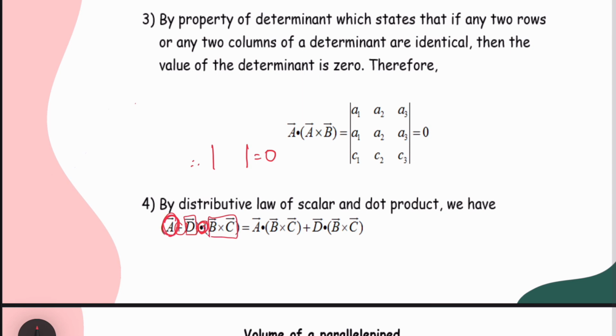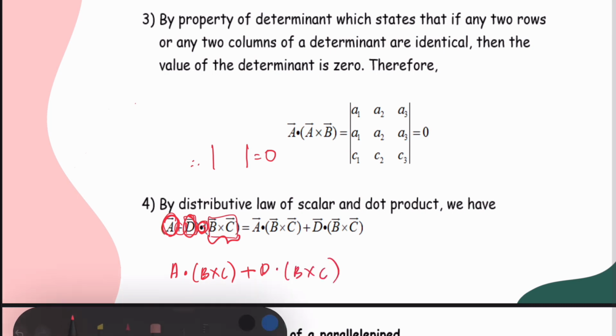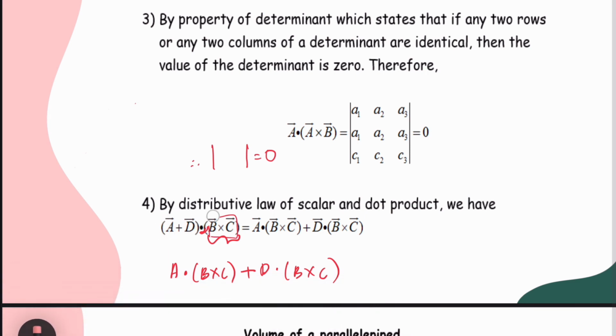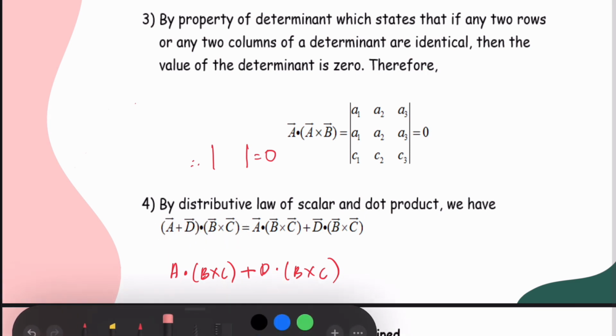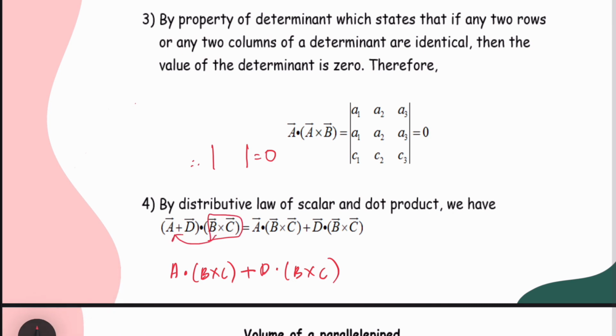So it becomes A dot B cross C plus D dot B cross C. It is as if we give each one B cross C: we give the first B cross C to A, and the second B cross C to D. So this is the distributive law. This one is property number 4.